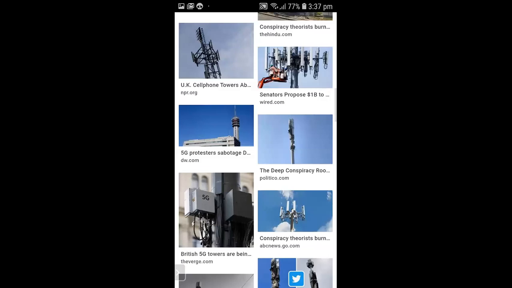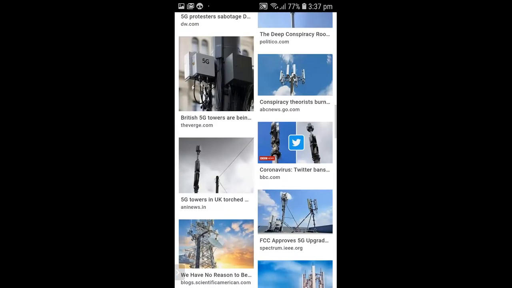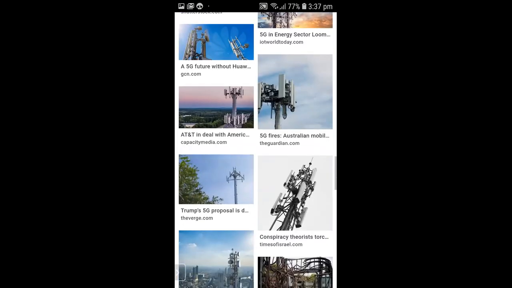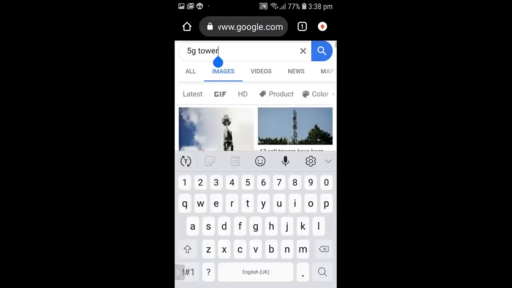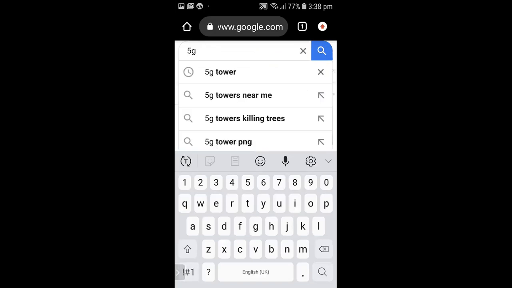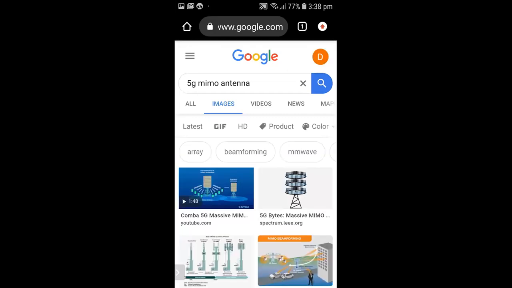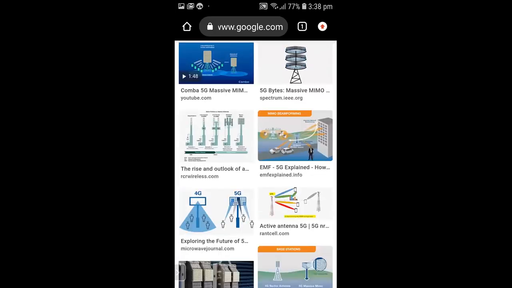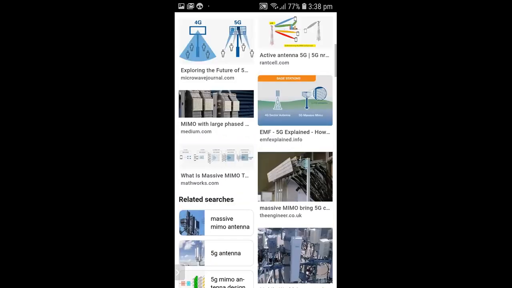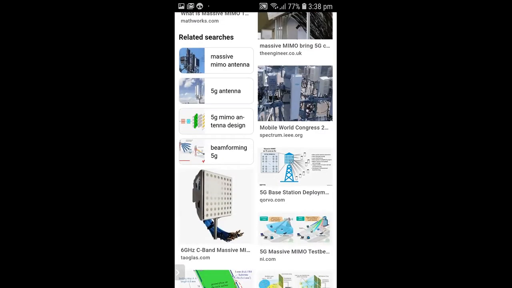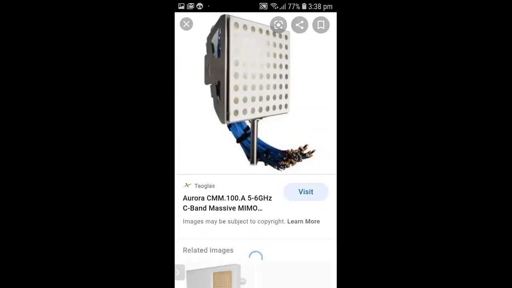Let us see different pictures of these antennas, 5G towers, MIMO tower rather, MIMO antenna. MIMO antennas are relatively smaller in size. This is the MIMO antenna.